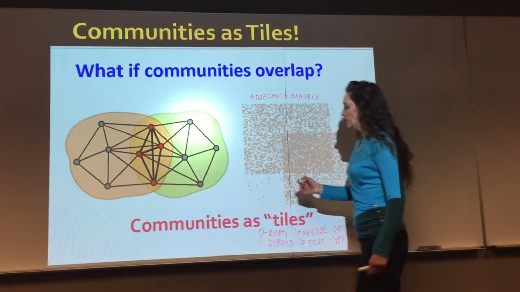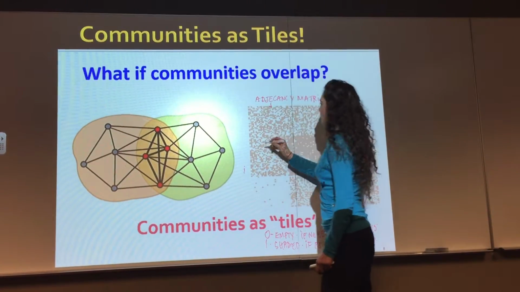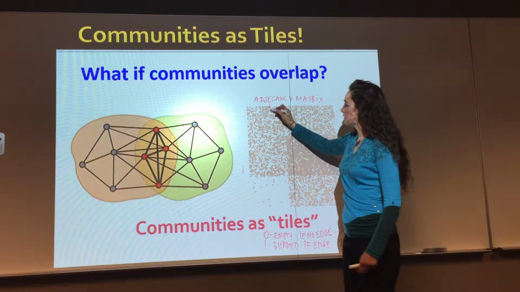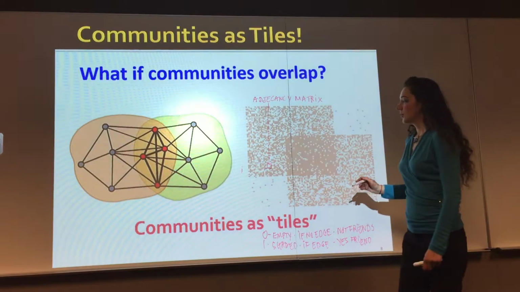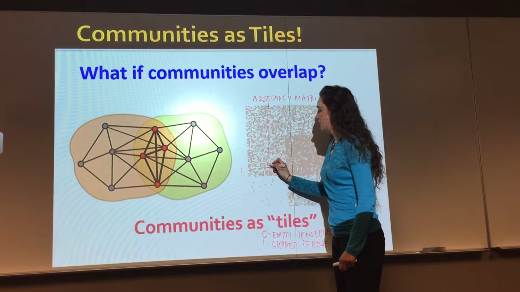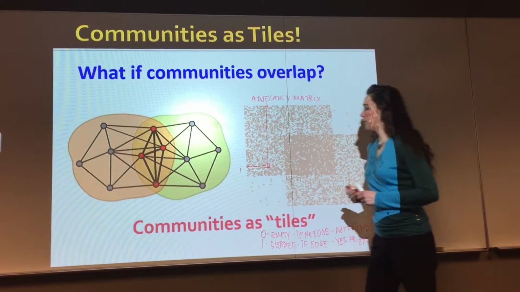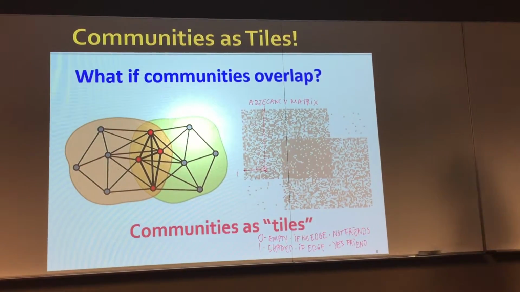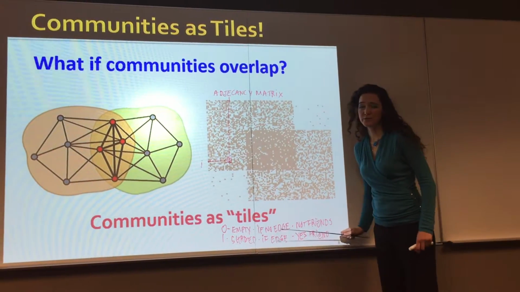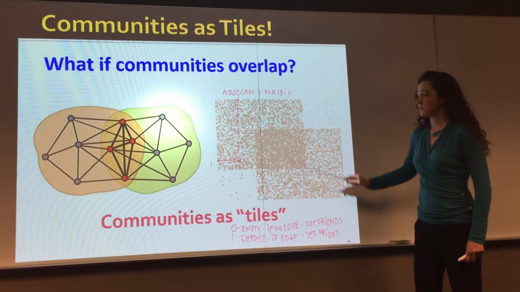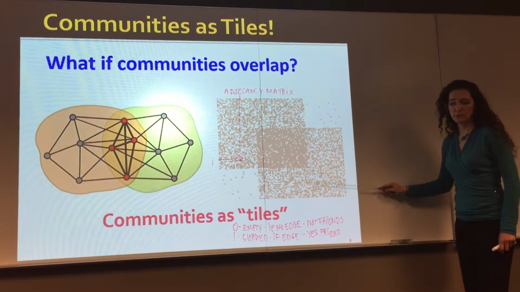So let's say we have node I and node J. If the corresponding entry for those two nodes says 1, this means that those two nodes are connected. This is the adjacency matrix. In the previous adjacency matrix, you had seen two dark squares, one on the top left and one on the bottom right.